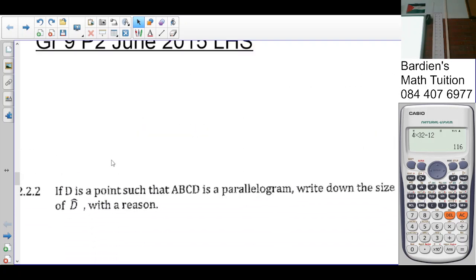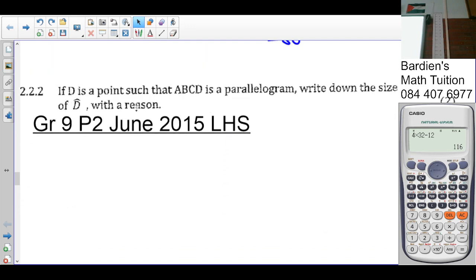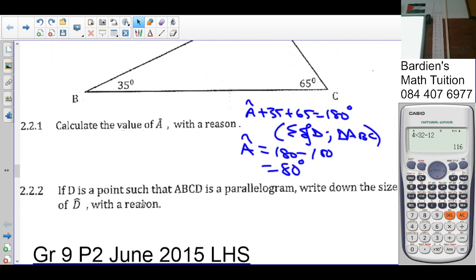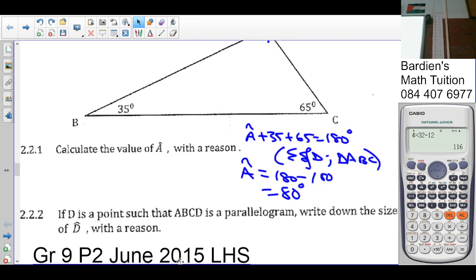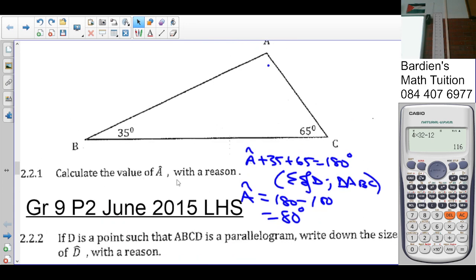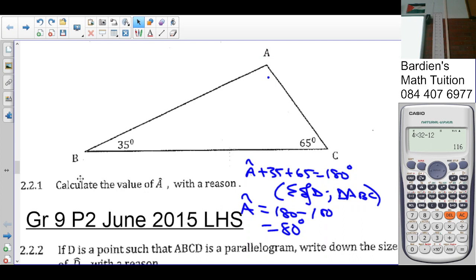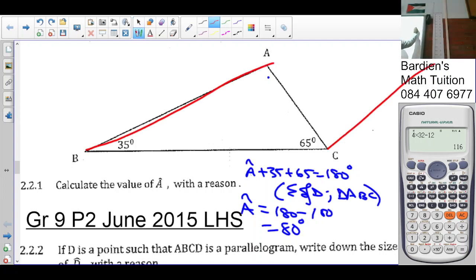If D is a point such that ABCD is a parallelogram, write down the size of angle D with reason. So A, B, C, D. So if this is a parallelogram, then that's what it's going to look like.